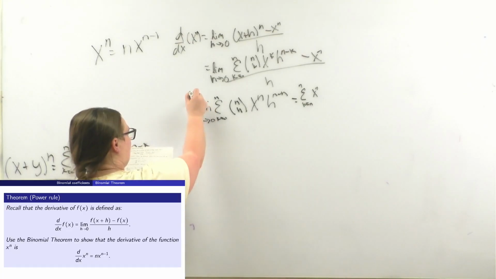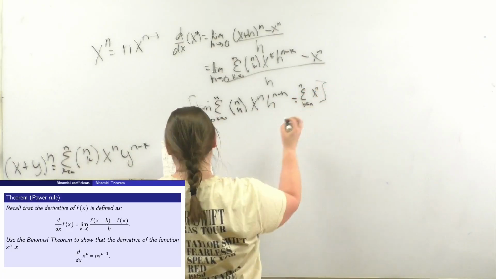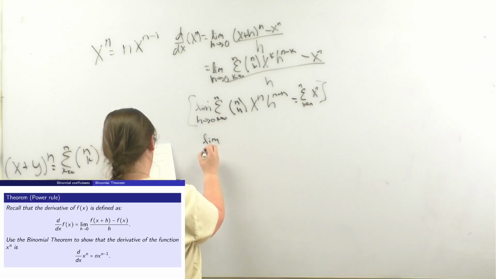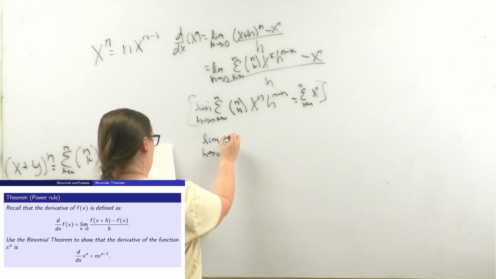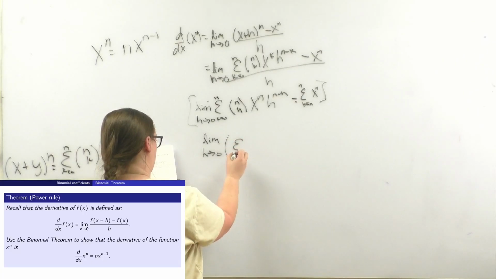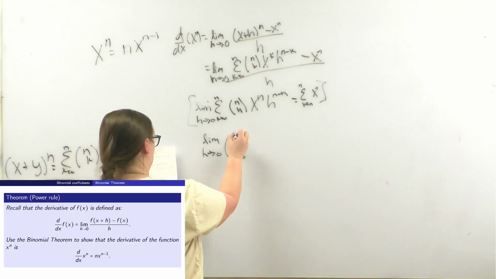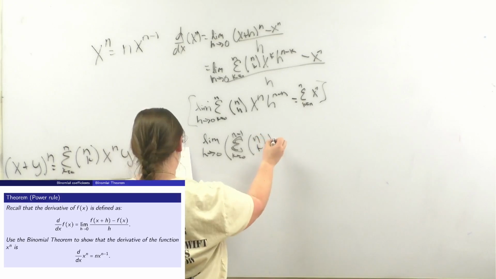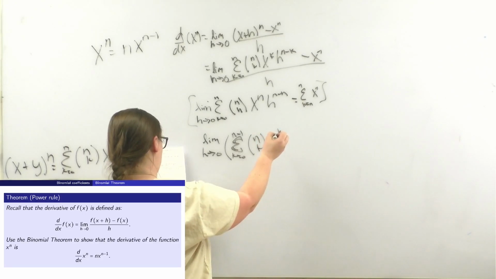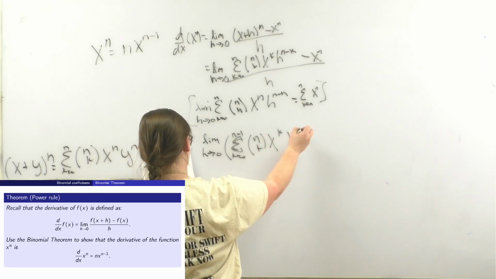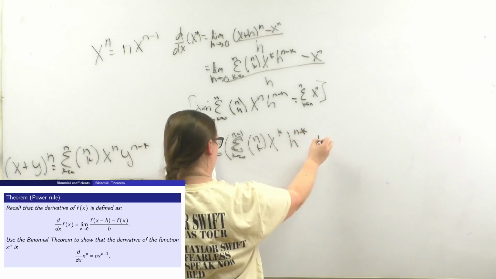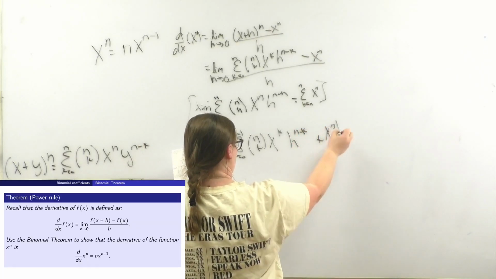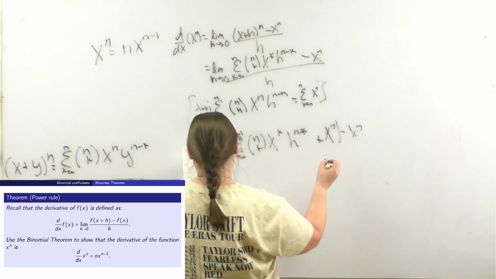So then using this, we get the limit as h goes to 0 of the sum k equals 0 to n minus 1 of n choose k, x to the k, h to the n minus k, plus x to the n minus x to the n, all over h.